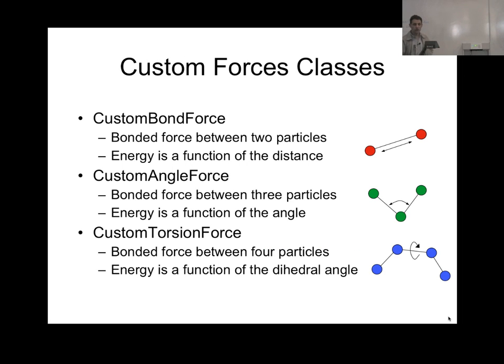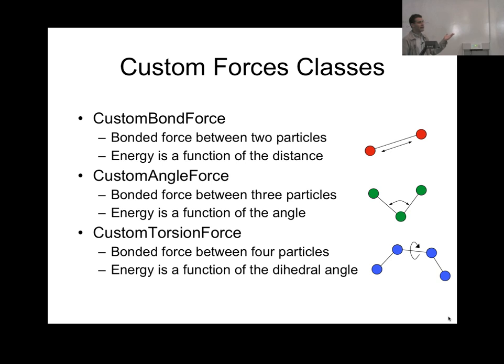Actually, we have not just one type of custom force, but we have lots of different custom force classes, each one specialized for implementing a different type of force. So custom bond force is a very simple one. It defines bonded interactions between pairs of 2 particles, so like harmonic bond force, except that it doesn't have to be harmonic.